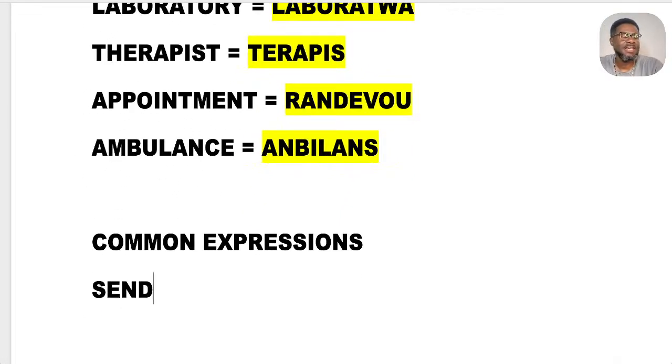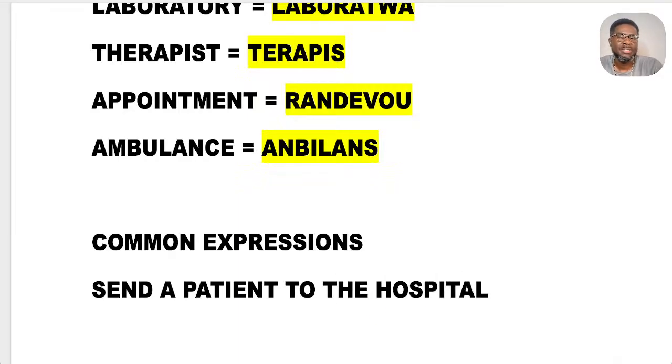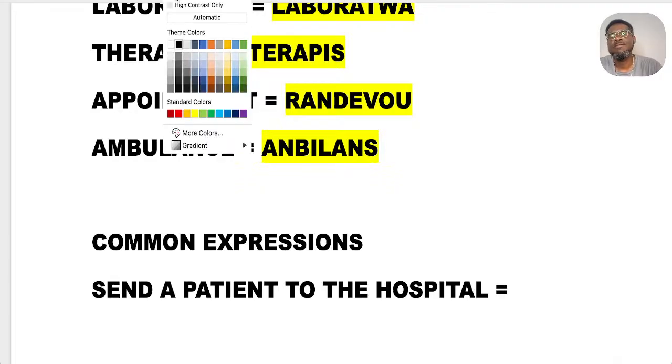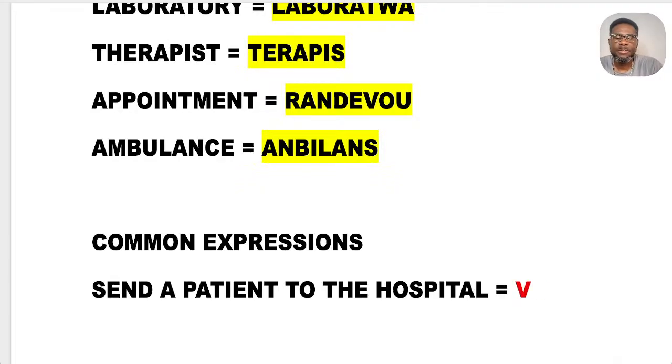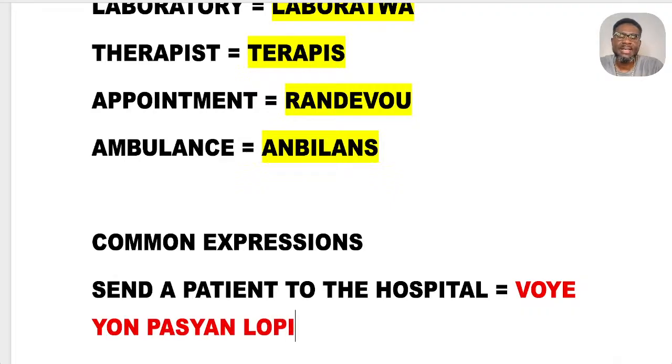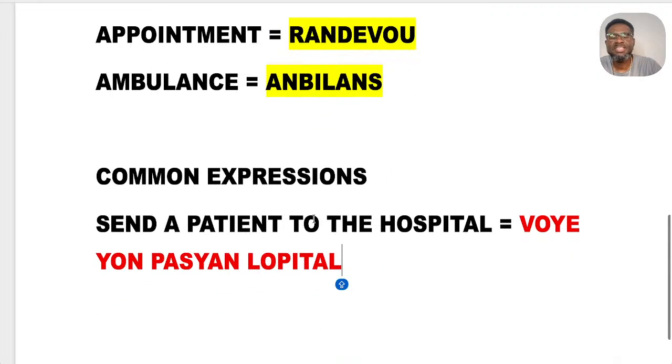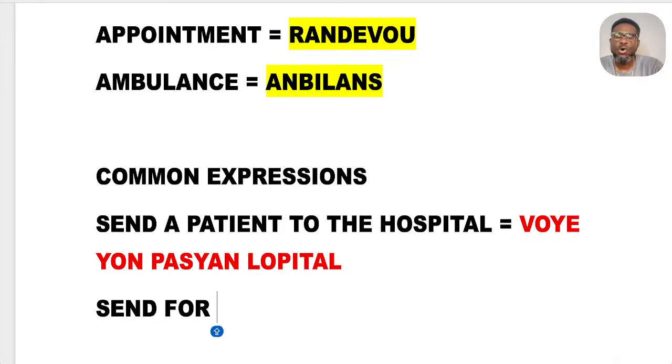Common expression: we have send a patient to the hospital. Send a patient to the hospital. It means to send a patient to the hospital. We have send for help.